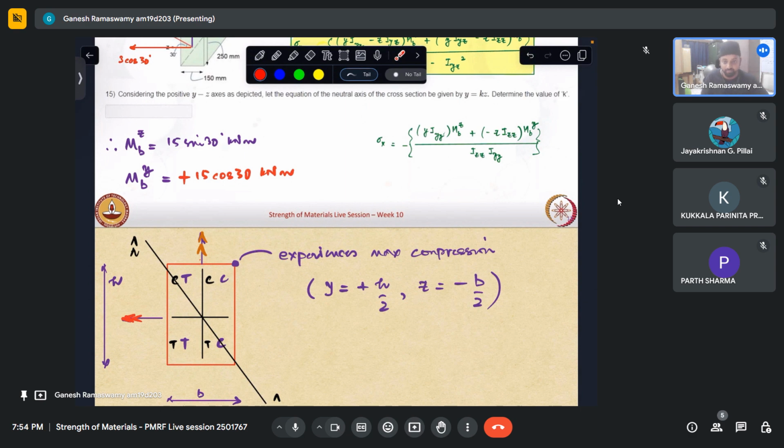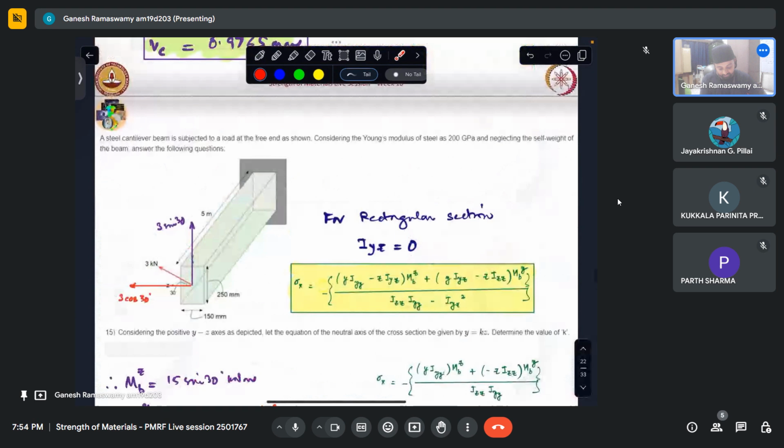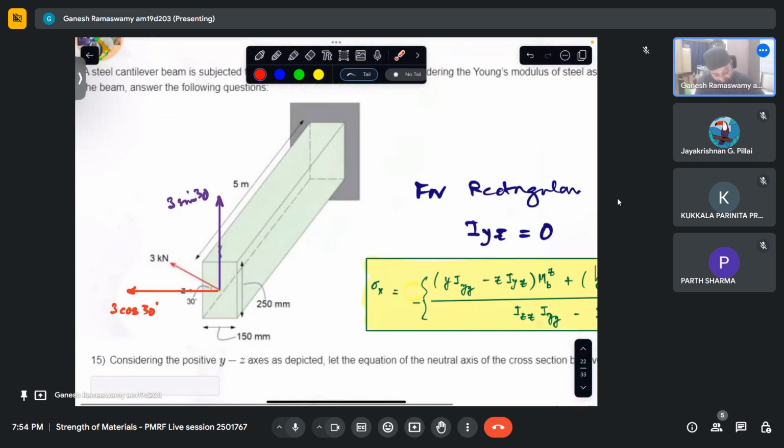As for the maximum deflection, we know that it's a cantilever beam, so the maximum deflection will occur at the free end. So instead of going by this load, we have resolved this into 2 loads. It is just a matter of superposition of 2 independent cantilevers which are deflecting due to point loads acting at the free end, with the only key difference being for this load, I will be 150 into 250 cubed by 12.